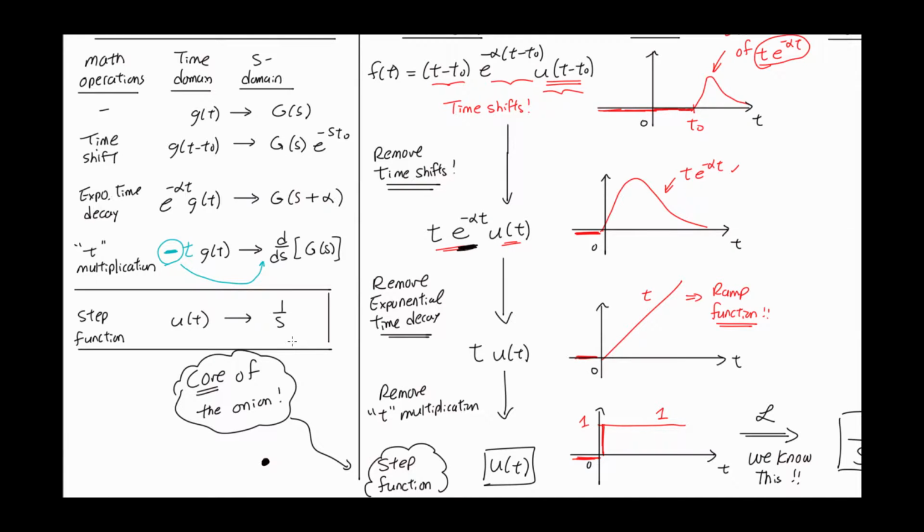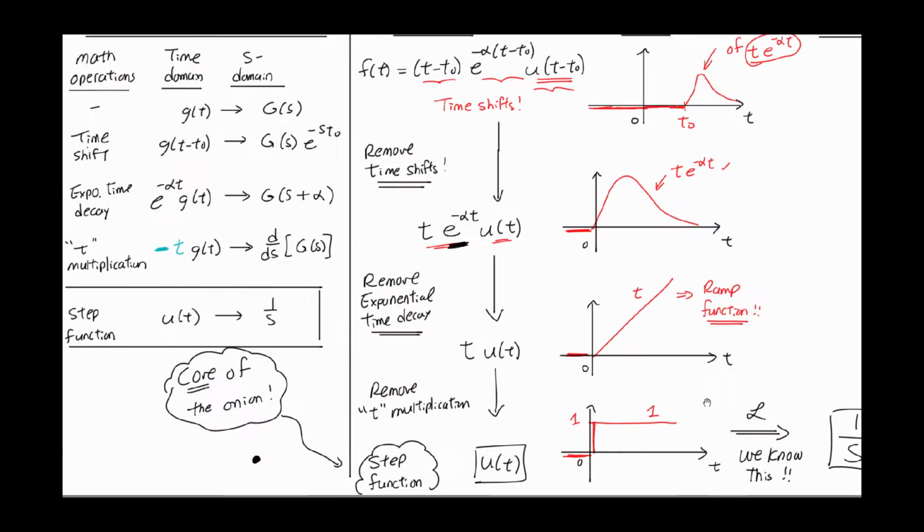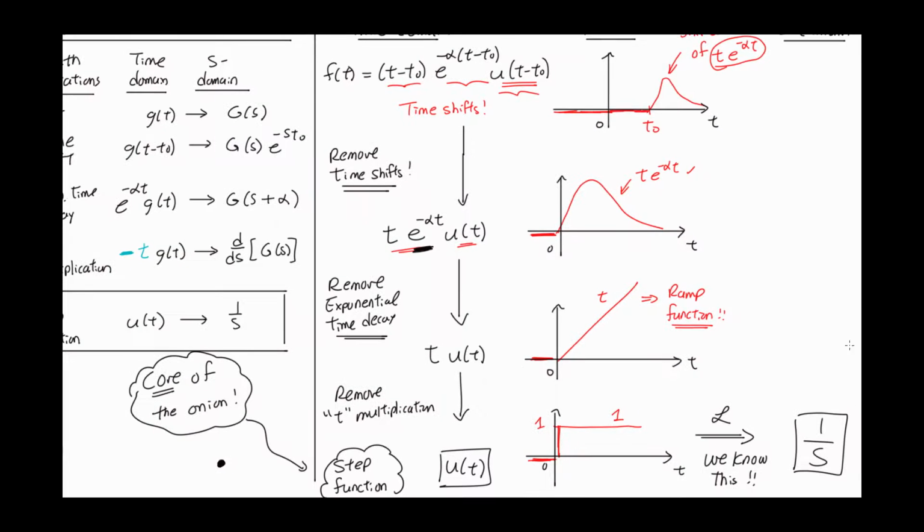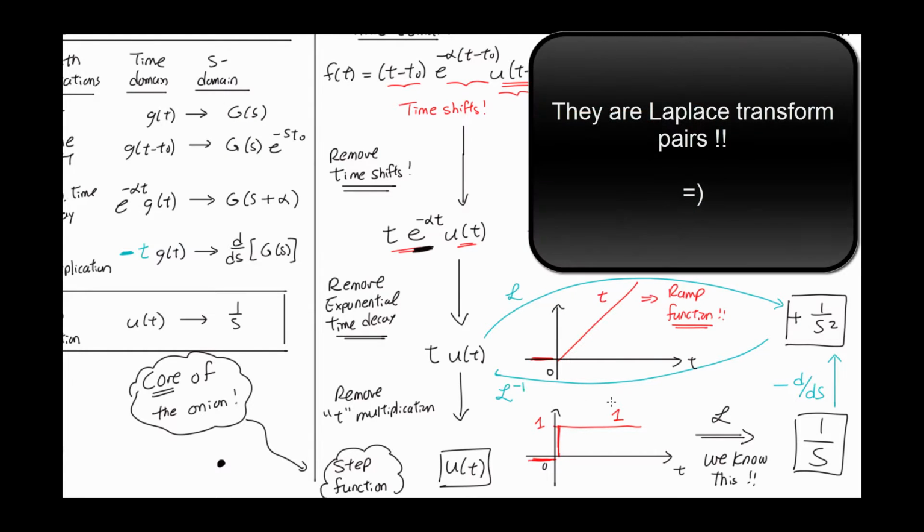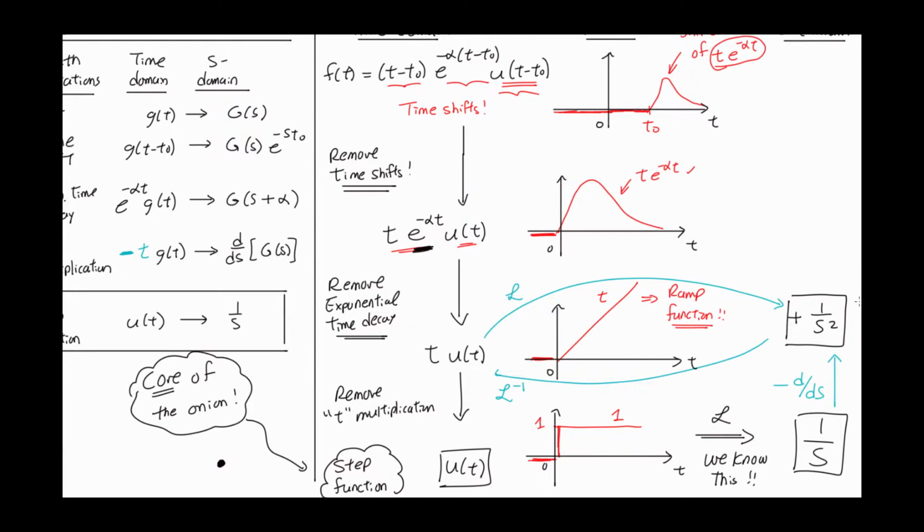So we carry that negative sign over to the right hand side, and that means to add the t multiplication back, we actually need a minus differentiation in the s domain. We differentiate 1 over s and then add a negative sign, and we get a plus 1 over s squared. Aren't these Laplace transform pairs of each other? Yes! This is too cool, right?